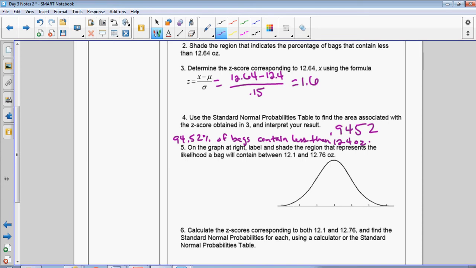Okay, so I want you to go ahead and read problem 5 and see what you're looking for there. Looks like you're looking for the likelihood the bag will contain between 12.1 and 12.76 ounces. So go ahead now and label your axes again with the same values.